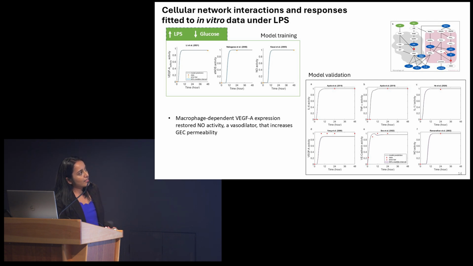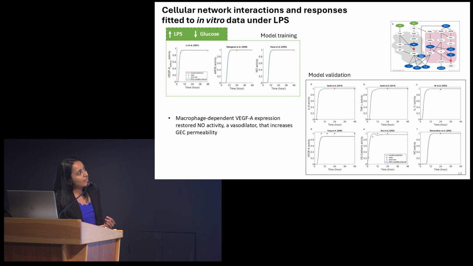The next case that we recreated was simulating this model under a high inflammatory stimulus like LPS and normal glucose conditions. Besides seeing an increased expression of inflammatory cytokines and oxidative stress, we also saw an increase in vascular endothelial growth factor and a subsequent increase in nitric oxide activity, which is overexpressed in the endothelial cells.